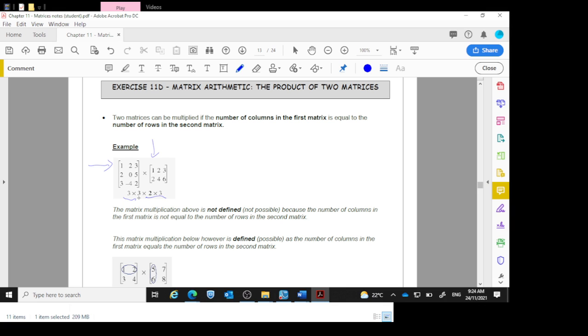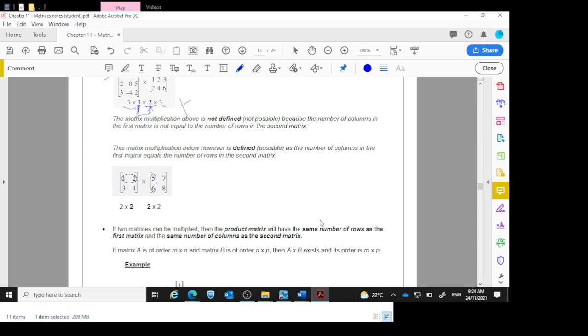And we look at the column of matrix number 1, which must equal the row of matrix number 2. If it does, then we can multiply them. If it doesn't, then we can't multiply them. Here, they don't, so we cannot multiply these matrices.